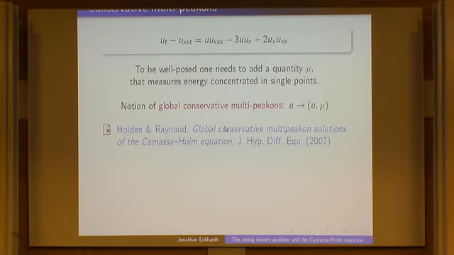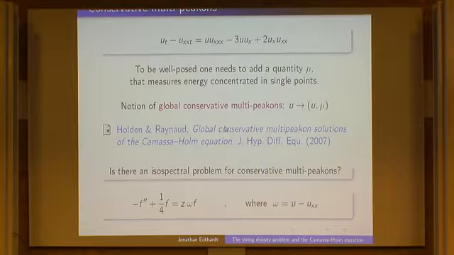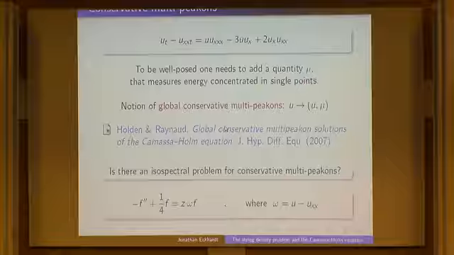And this has been done by Eckhardt and Kostenko some years ago. And the question is now, can you find an isospectral problem for these global conservative multi-peakon solutions, like you have in the classical case? Of course, if this mu is not present at all, then it should look like the usual spectral problem, but it should be some modification if this mu is present.